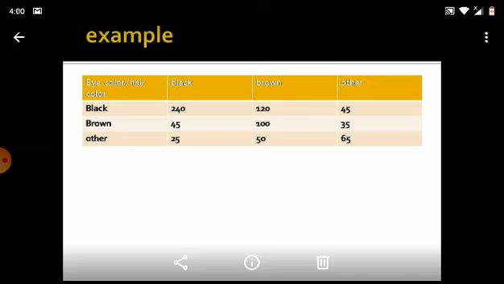Then moving downwards, 45 relates to those people who have brown eye color and black hair color, 100 for brown and brown, and 35 for brown and other. In the last row, 25 relates to those people who have other eye color and black hair color, 50 for other and brown, and 65 for other and other.